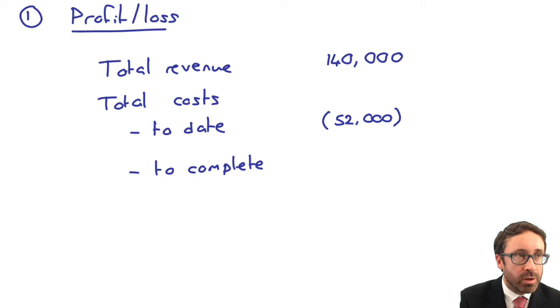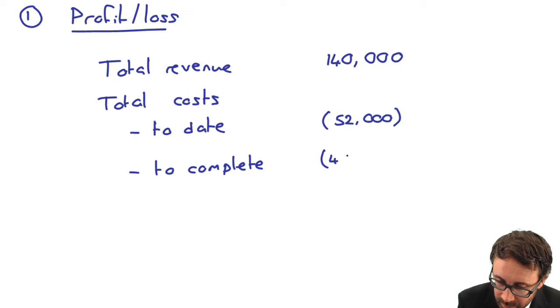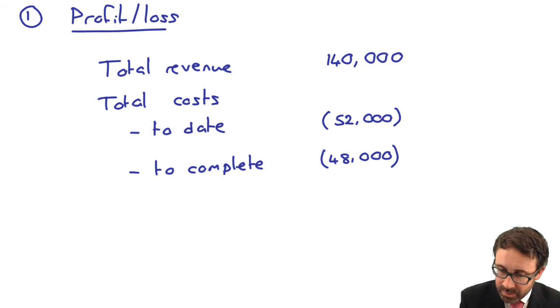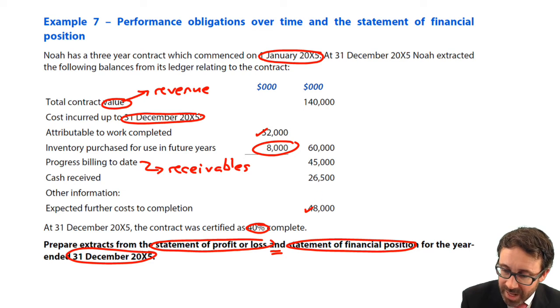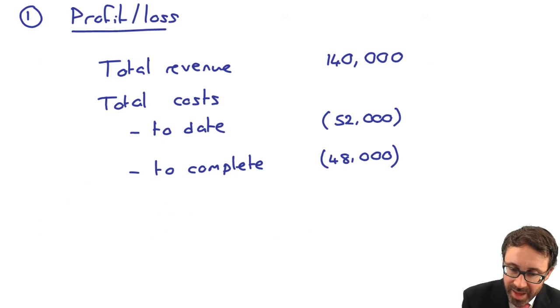You've then got your cost to complete. So the cost to complete are 48,000. So again, that's the 48,000 there. But just be careful with this 8,000. Do not ignore that 8,000.